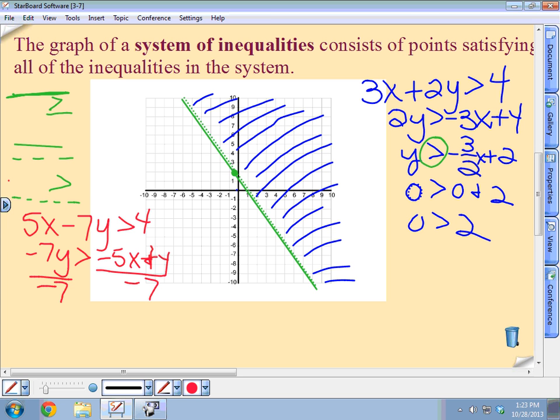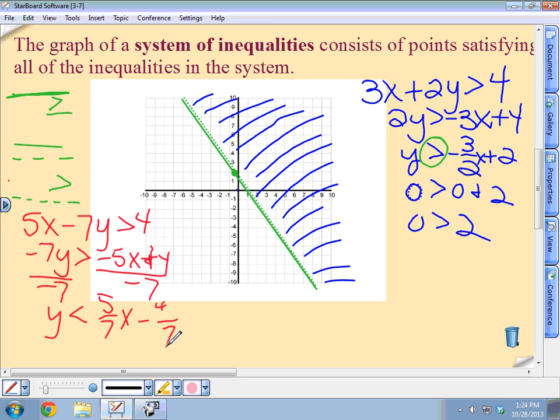Now this is where you have to be careful, because when you're dividing by a negative, your sign is going to switch around. And then it's just going to be 5/7 x, and that's a plus, so minus 4/7.